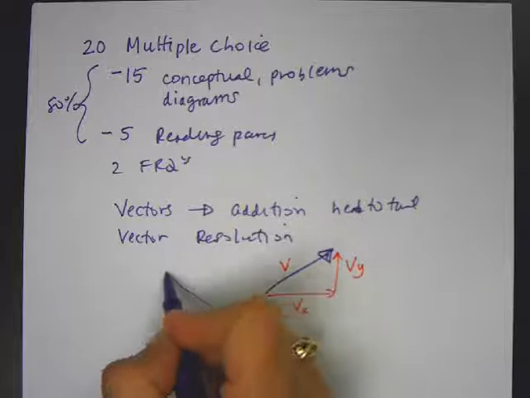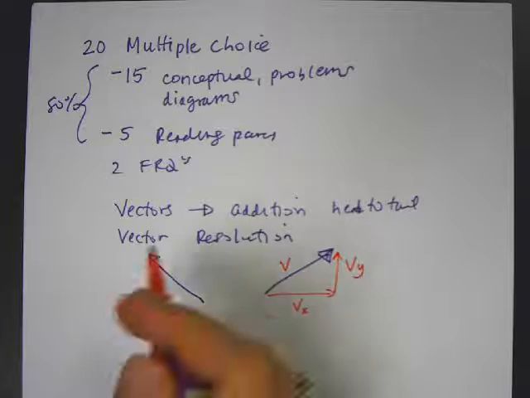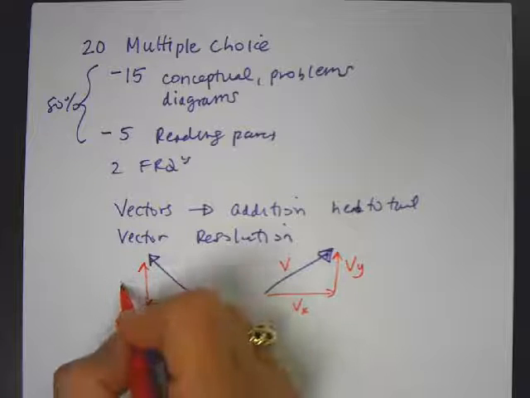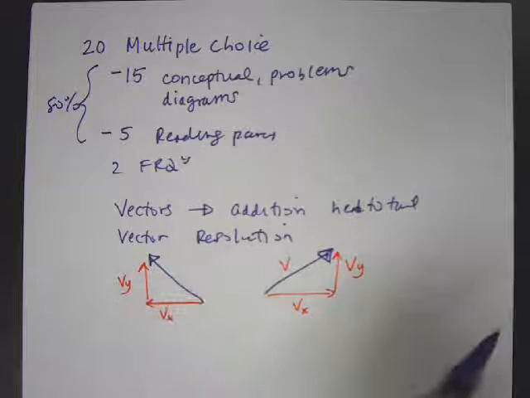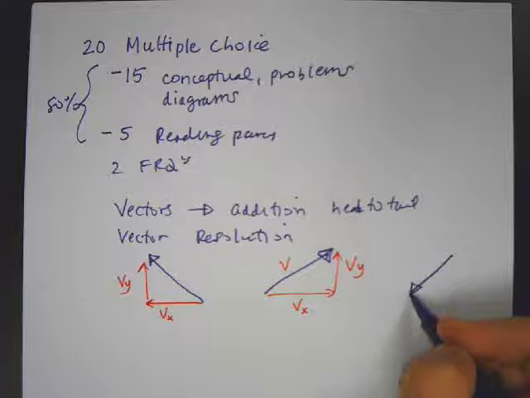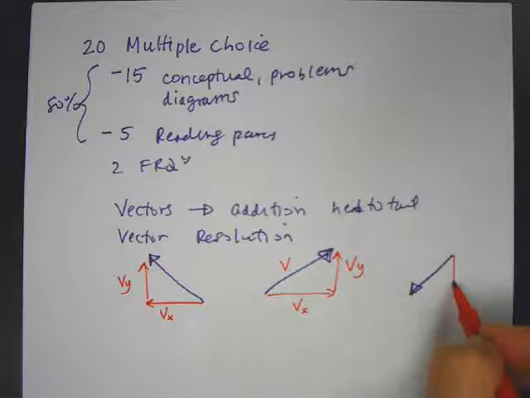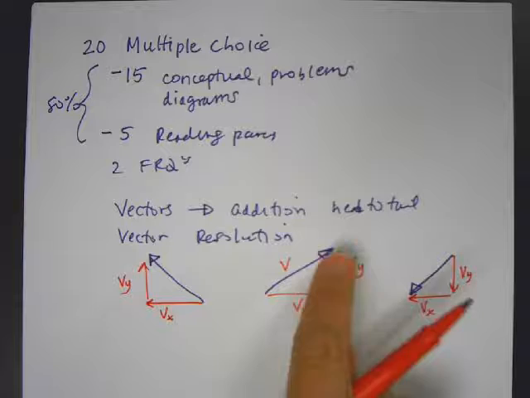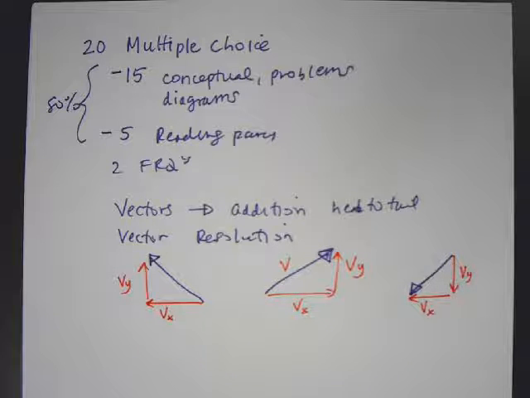And no matter how the vector looks, you can always find the horizontal and vertical components regardless of the configuration. So again, from where you start to where you end up.